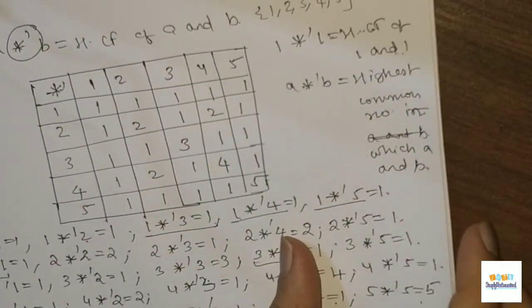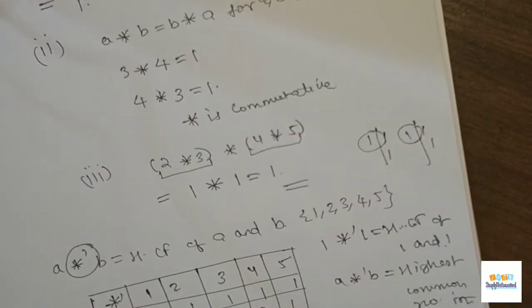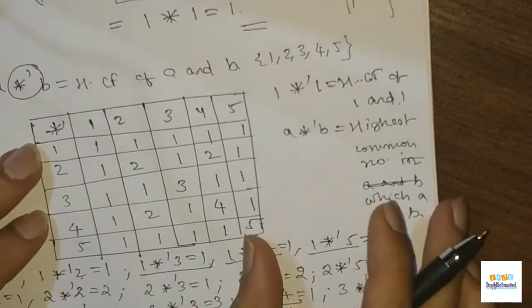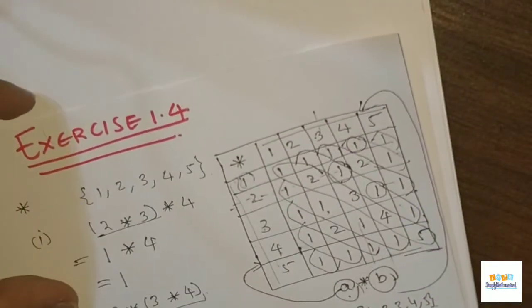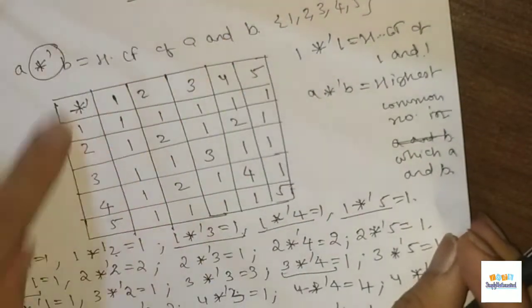Now, is the operation star prime the same as the operation star? If you look at both tables, you will see they are the same. You can check it. I have already calculated the table of the previous problem here, and this is the table of star prime.